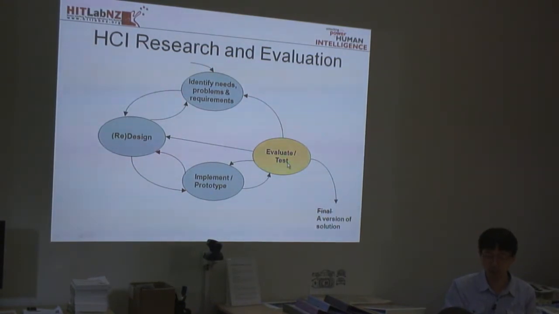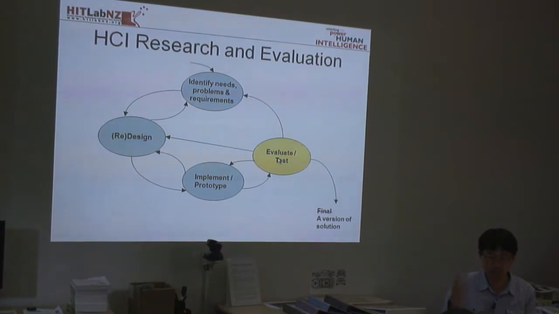But again, if your product satisfied all of the initial goals of your research or design project, then it could be released as a version of the solution. It might not be the final, perfect solution, but it could be one version of the solution that you release.